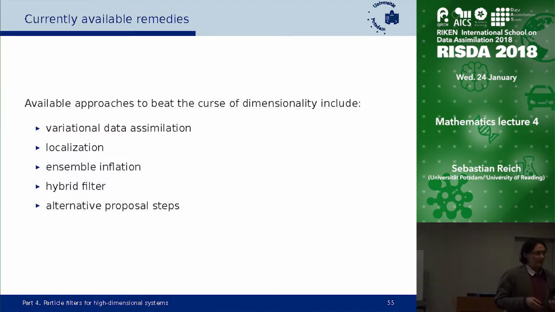It's one technique, but the important thing is really localization and ensemble inflation. And then I want to talk about two other things. Localization and ensemble inflation are operationally used, and the other two things I will mention are ongoing research work that various groups do. So I will at least point you to some of the ideas that are being followed in the research.